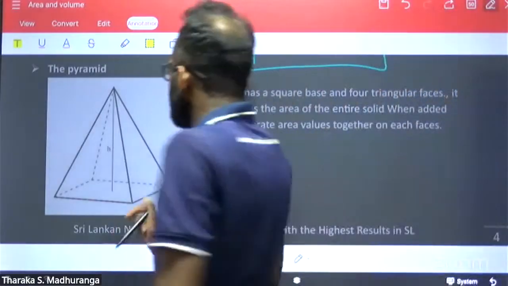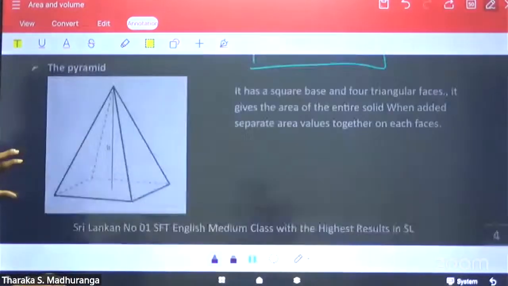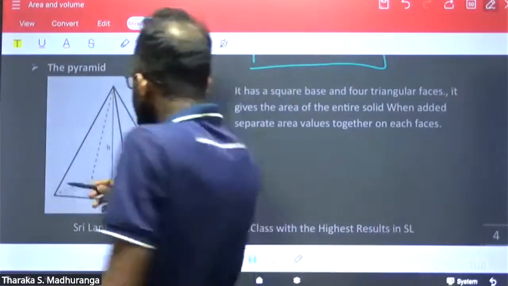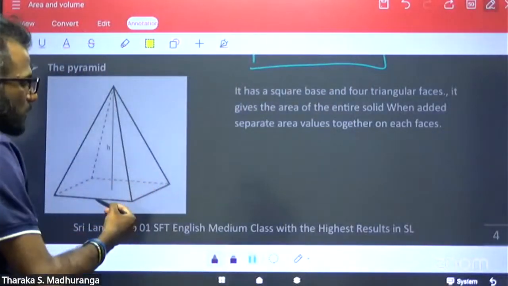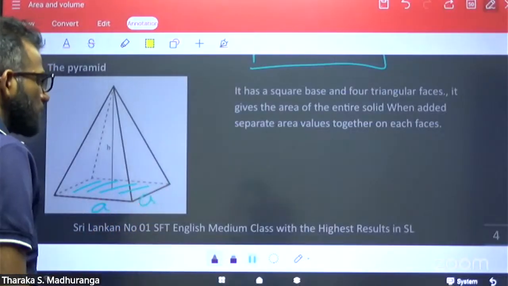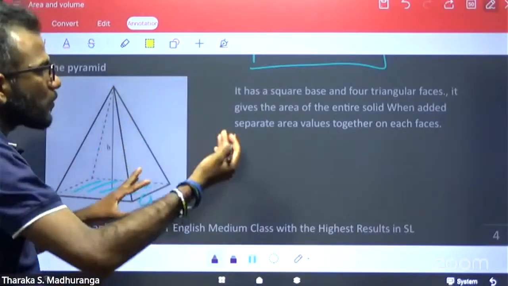But for the pyramid and prism, these are simple objects that we can calculate face by face. The bottom is a square, a times a. Then you get one triangle surface, times 4.